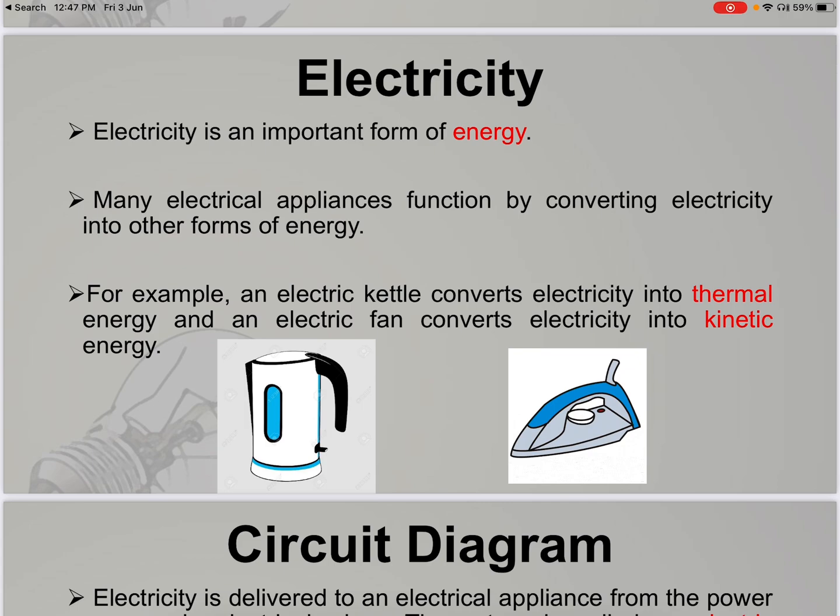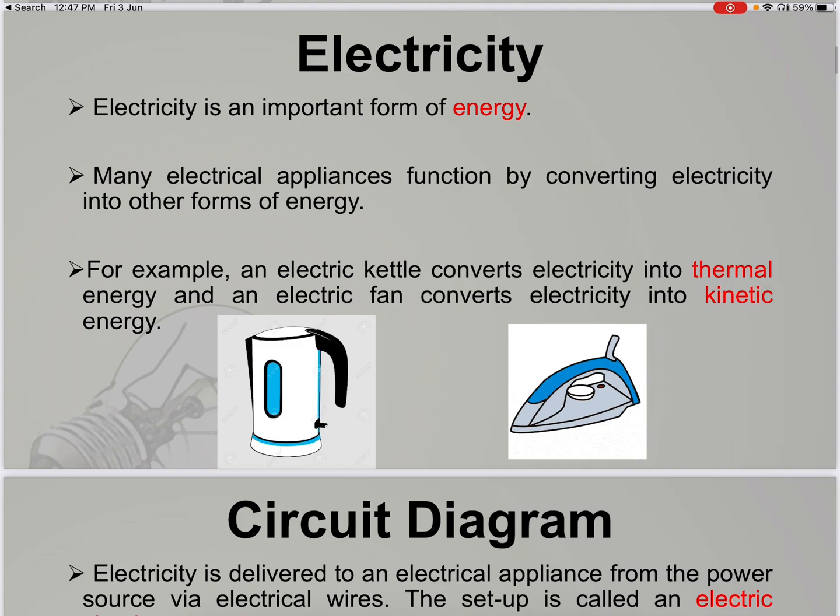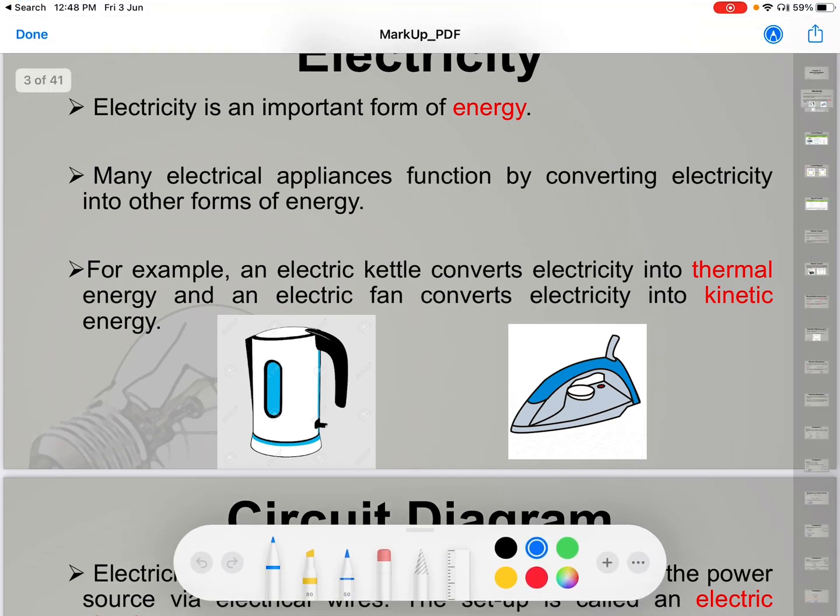We have to plug it into a socket, and from the socket we actually have derived electrical energy, and it is being converted, right? Remember your principle or the law of conservation of energy. Energy can be converted from one form to another, right? Or from one type to another.